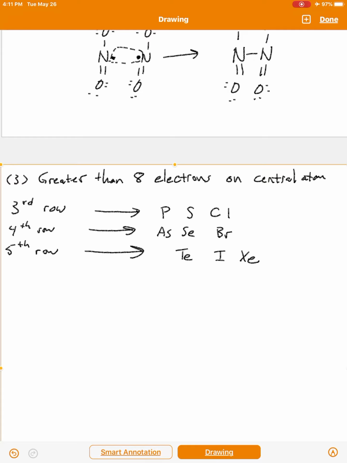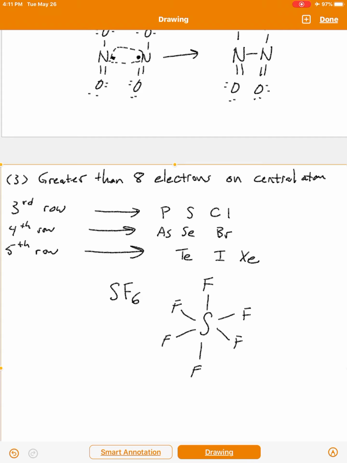It can happen. So the example that I'm going to give you from your textbook is SF6, sulfur hexafluoride. This is a famous example. If you draw the Lewis structure for SF6, we have 6 surrounding atoms, right? So how many electrons do we have around the central atom?